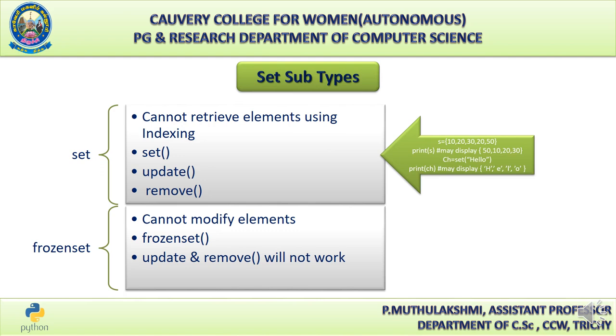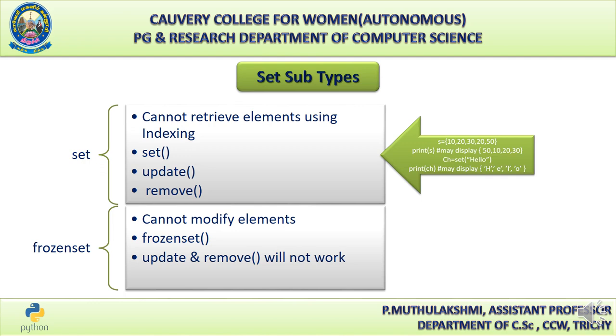That is, the elements are placed within the curly braces and each and every element is separated by the comma symbol. If you want to print the set S, it may appear like 50, 10, 20, 30. The duplicate element is not displayed in the result.